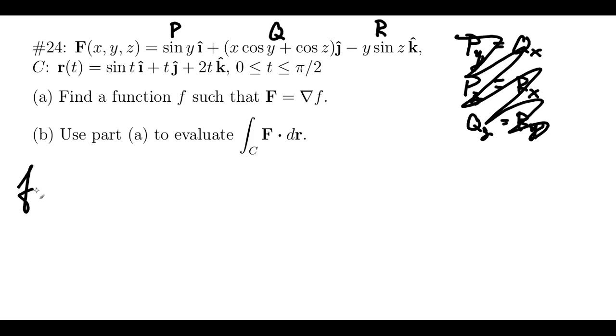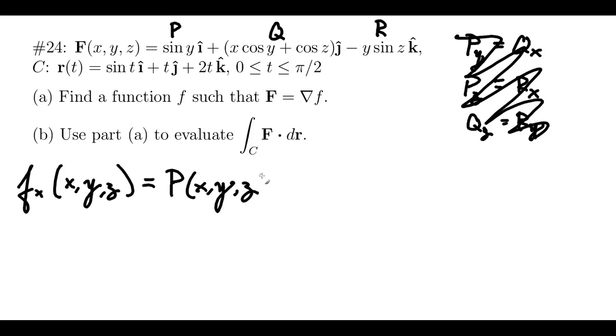That means that the partial by x of small f of x, y, and z would have to equal p, the first component of big F, because that would be the first component of the gradient. That's what we're looking for. And that is equal to sine y.